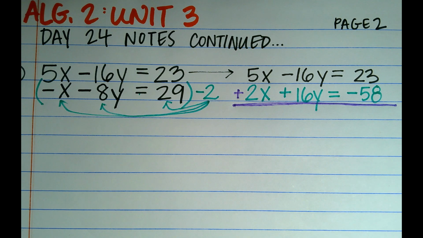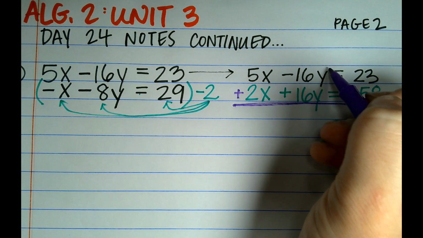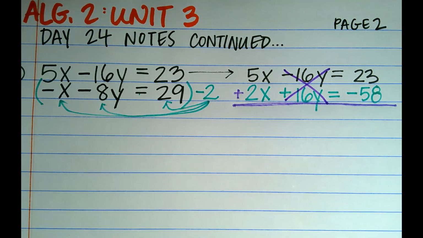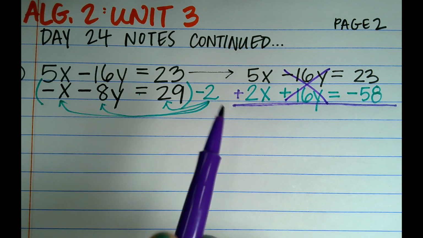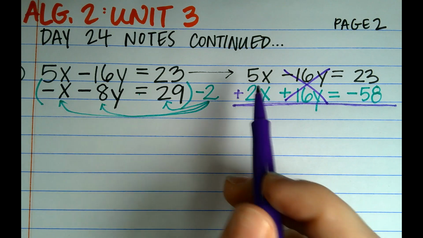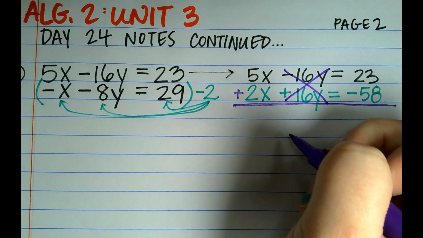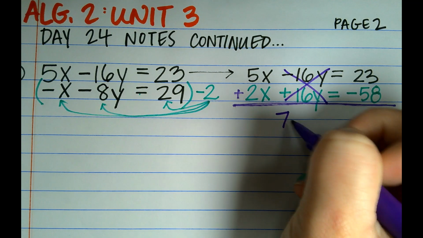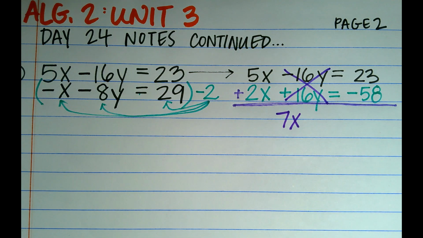Okay. So we'll just go down the line. We already know that our y's are going to be eliminated. That's why we did the multiplication. So I'm just going to start by crossing those off. The y's are gone. Now let's add everything else. What is 5x plus 2x? 7x. Perfect.